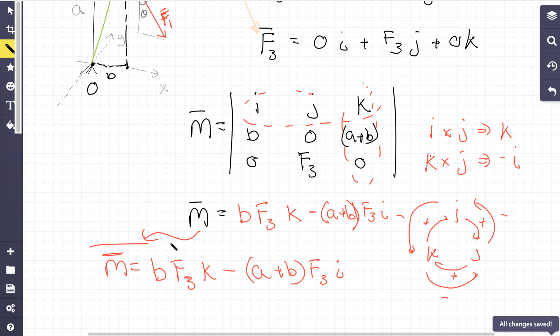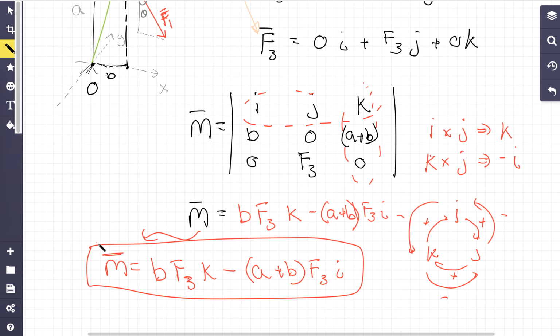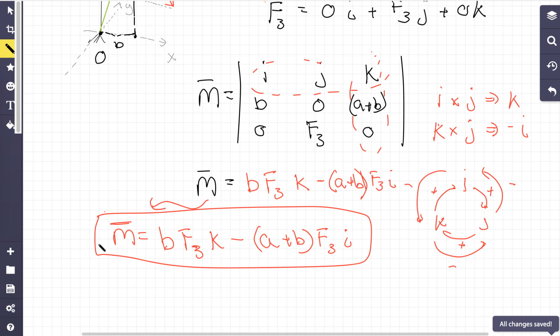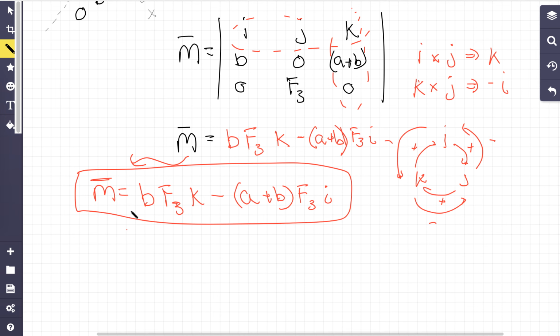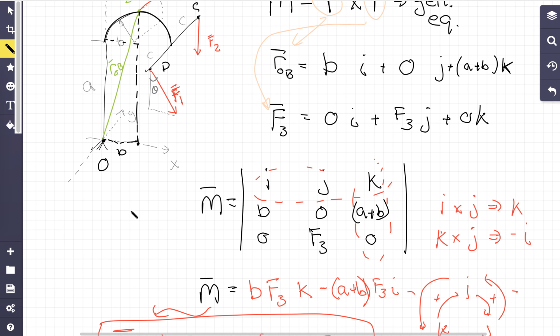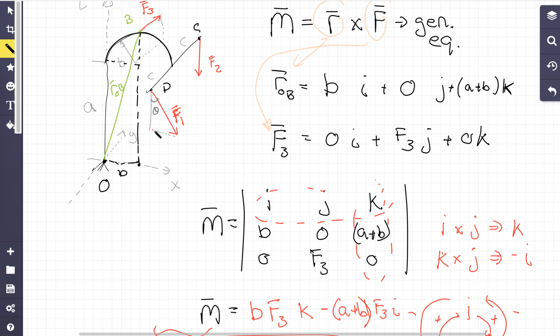This is how we would get the vector of this moment. Now, if we wanted to find the magnitude, because that's what the problem's asking for, but not yet. Don't solve the magnitude yet, because it's asking for all the magnitudes left.